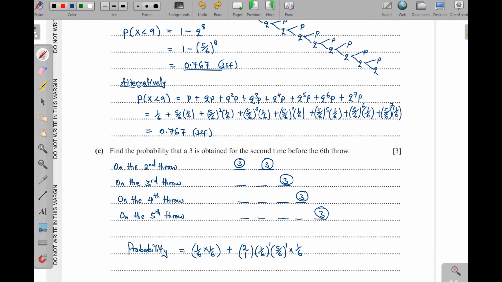Now, if the 3 is obtained the second time on, let's say, the 4th throw, that means maybe you got it on the first one, or on the second one, or on the third one. In other words, you are having only one success here, and then the rest are failures. You get it?